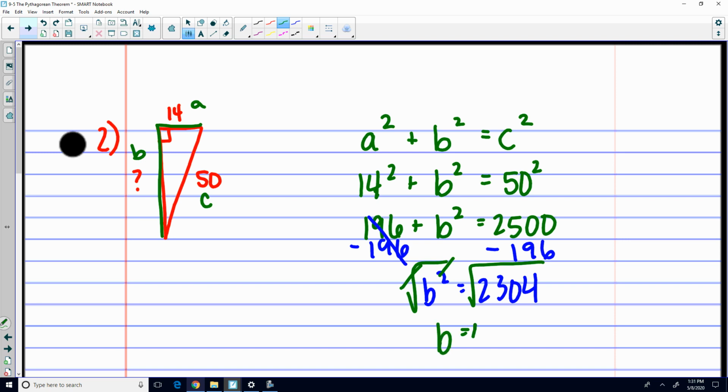It's 48. So 48 times 48 is 2304. Now, a good check is to think about it. I had one of my legs 14, 48, and my longest side is 50. That's reasonable because 48 is less than 50.